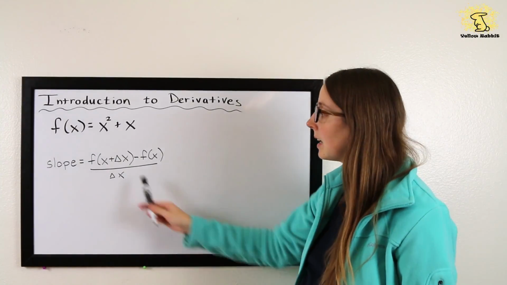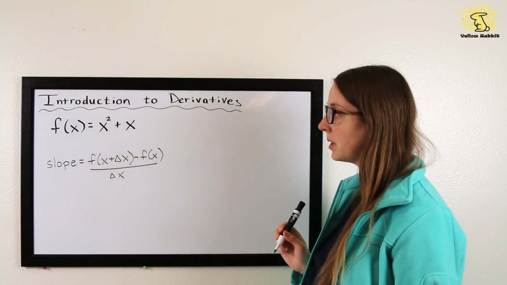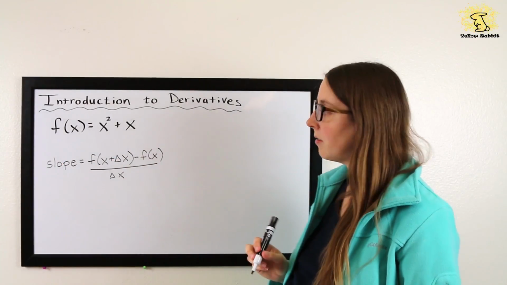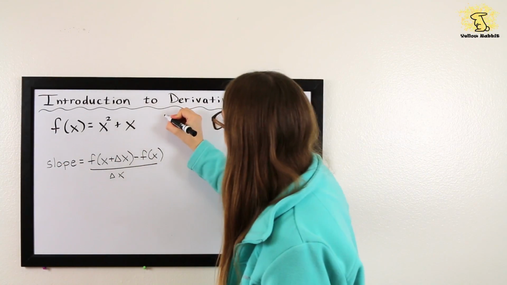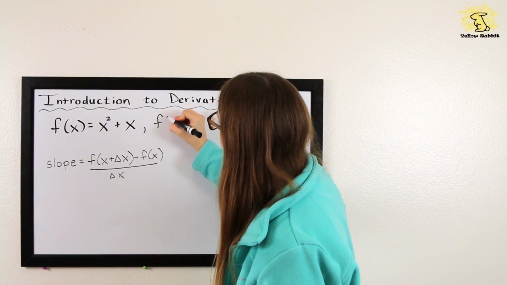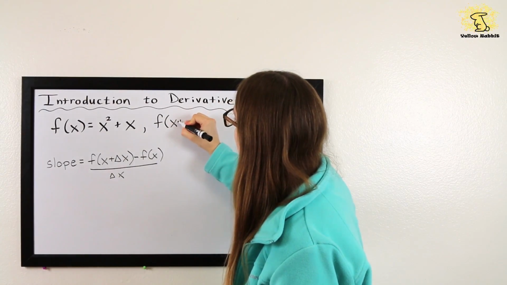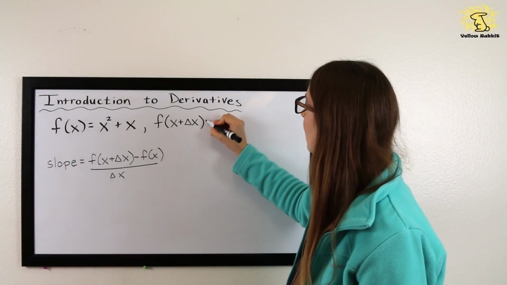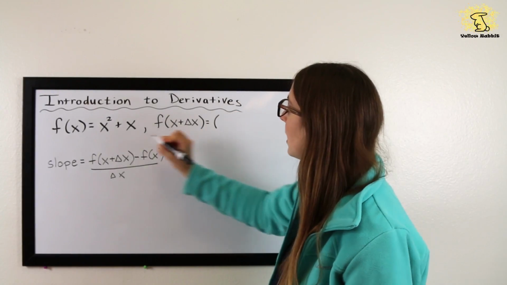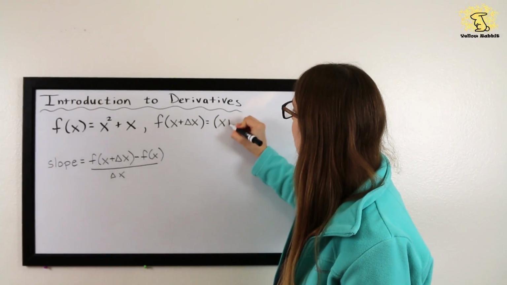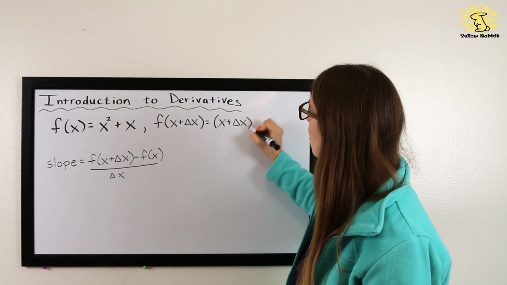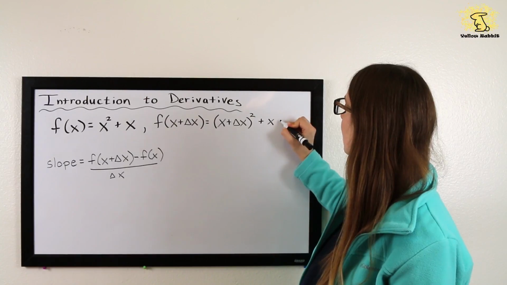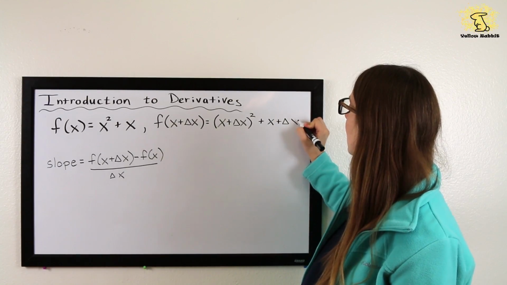So to get started, I need these quantities to plug in. So I already have the formula for f of x written here. What about f of x plus delta x, that small change? This will give me x plus delta x squared plus x plus delta x.